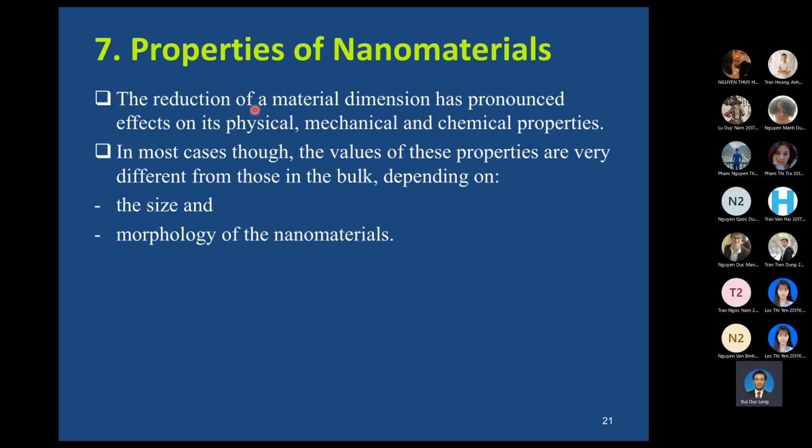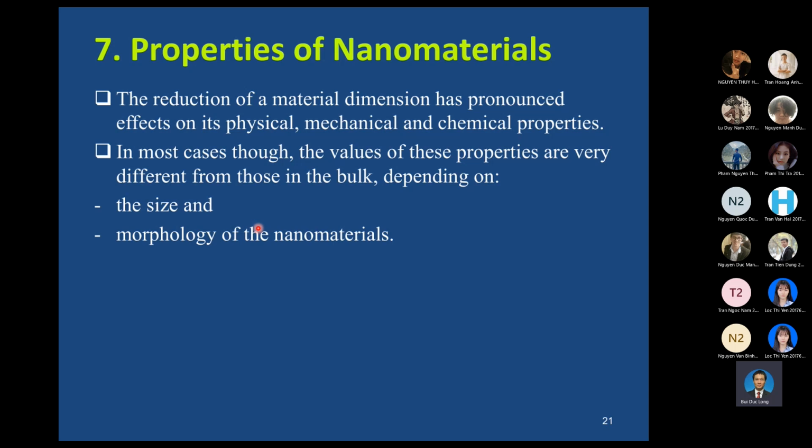Reduction of dimension of material has a pronounced effect on its physical, mechanical, and chemical properties. In most cases, the values of these properties are very different from the bulk, depending on the size and the morphology of the nanomaterial. So these factors will affect the property of nanomaterial.